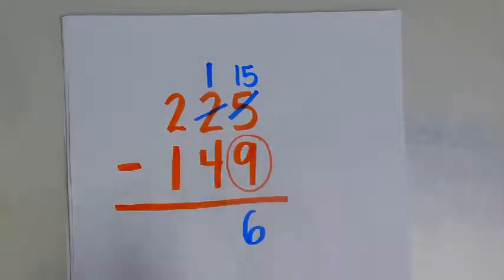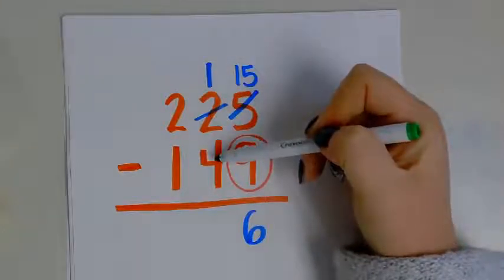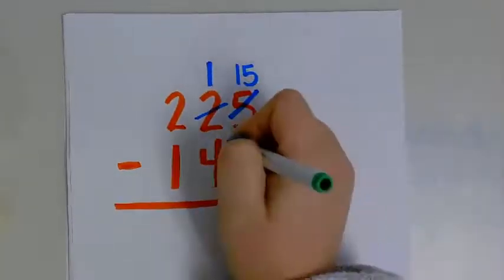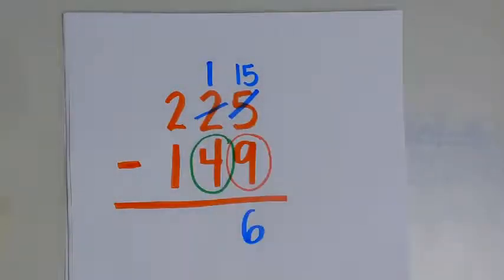Now, I need to look in my tens place. And I have to ask myself the question, is there more on top or more on the floor? So 1 and 4 are my numbers. There is more on the floor of the tens place, which means I have to regroup again.